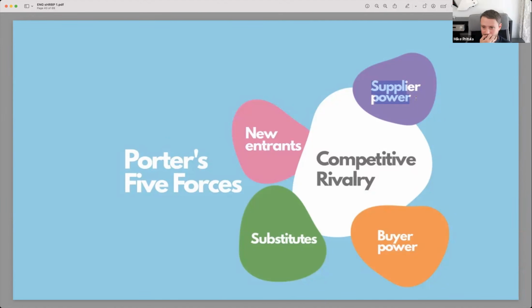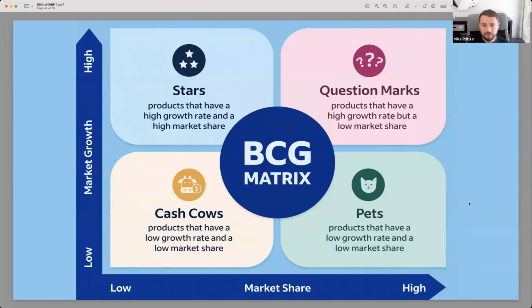We are dependent on our suppliers, like Apple depends on screen suppliers and battery suppliers. And buyer power. Buyers could be organized into groups and could do a lot of damage to the company if they want to boycott something or ignore something. So it's very important to pay attention to all these 5 forces, monitor them and manage them.